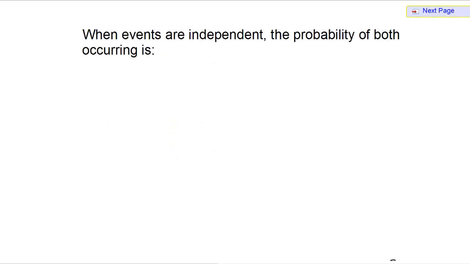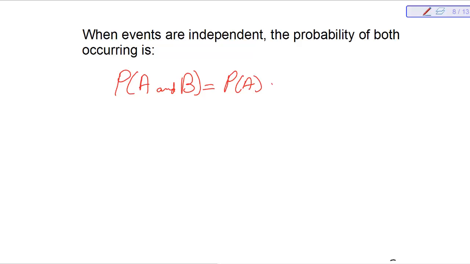So when events are independent, the probability of both occurring is the probability A and B is equal to the probability of A times the probability of B. In the previous video, we were talking about the probability that A or B would occur, and we added.